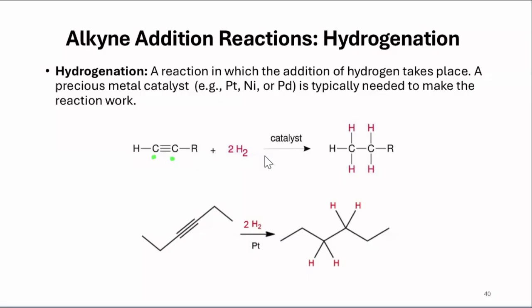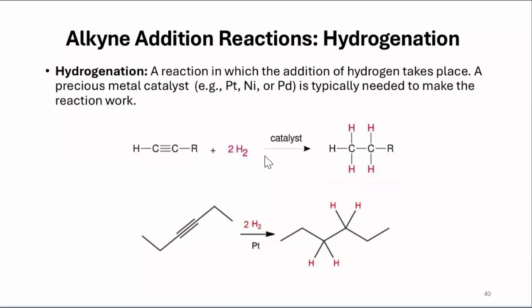The triple bond turns into a single bond. Each of the carbons that used to be triple bonded receives two hydrogens. So every time you have an alkyne, you will also produce an alkane, just like we saw in the case of alkenes getting hydrogenated.